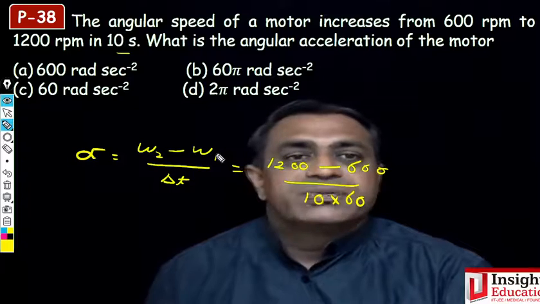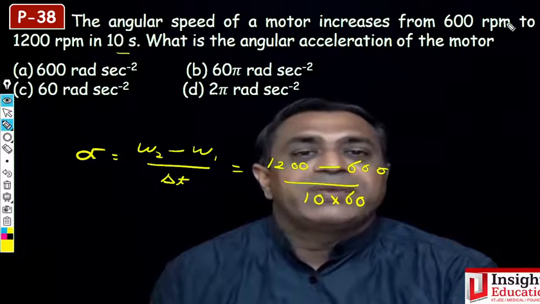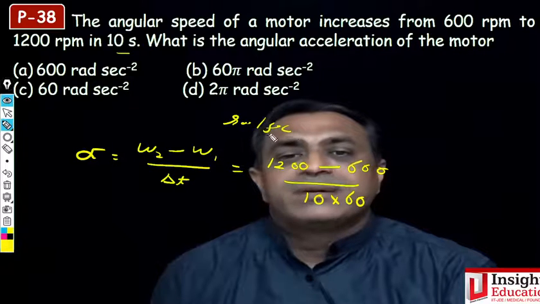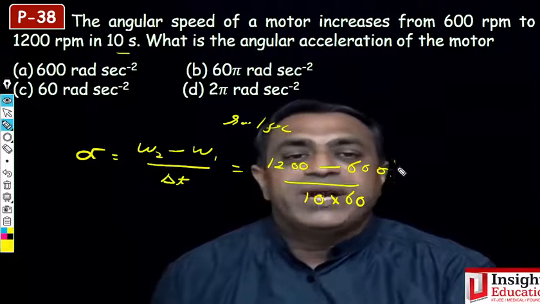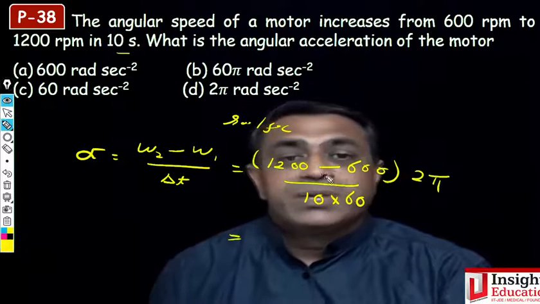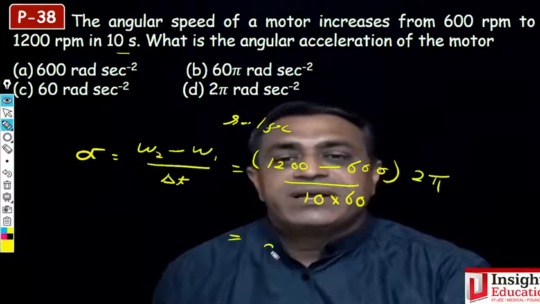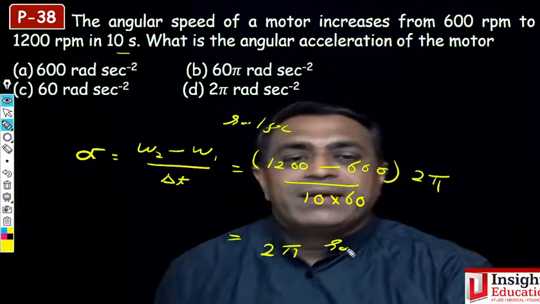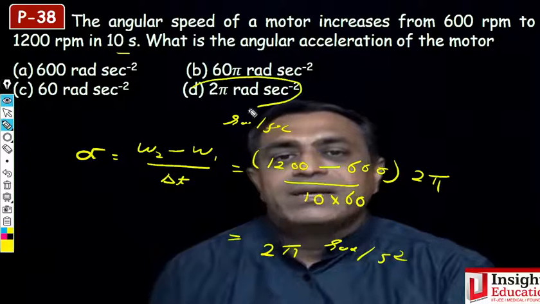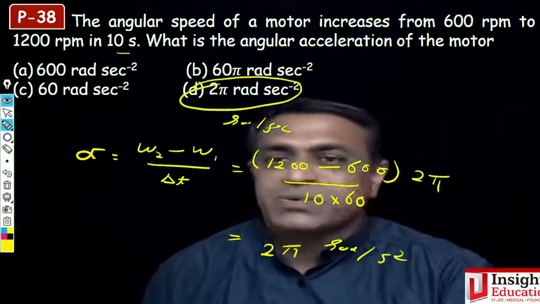Omega should be in radian per second, so convert revolution into radian by multiplying by 2 pi. Now 6000 divided by 600, so the answer is 2 pi radian per second square.